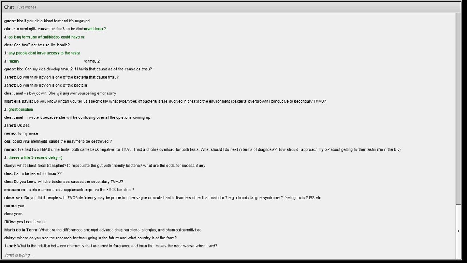Next observer is asking, do you think people with FMO3 deficiency may be prone to other vague or acute health disorders other than malodor? But certainly some individuals have found riboflavin to help.